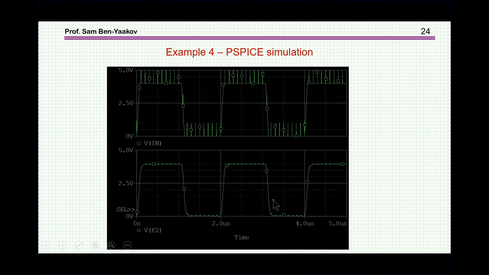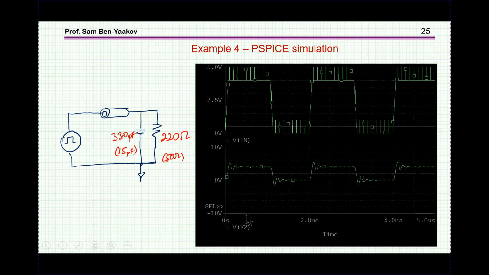Now, however, as I've already said, the situation is not clear cut. There are many variables here. For example, if you change the load, I've enlarged it to 220 ohms, and this is now 330 picofarad.